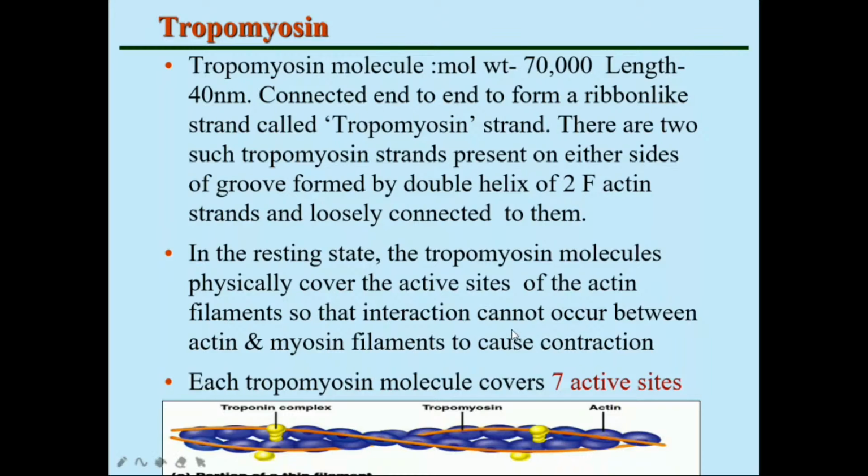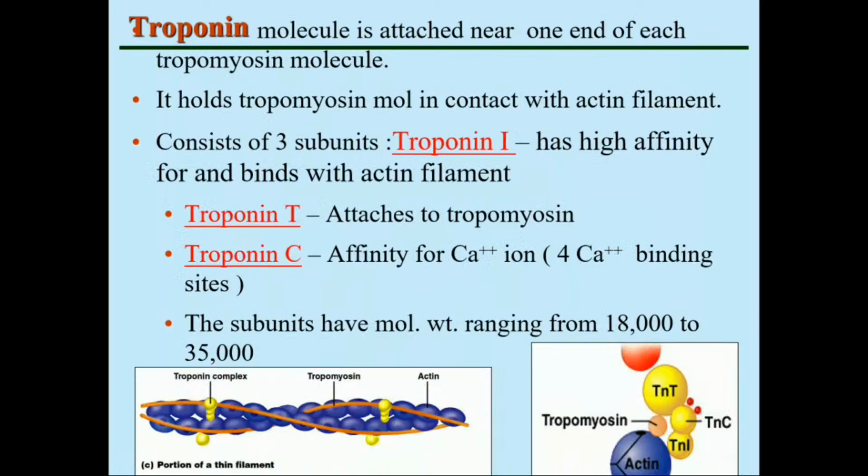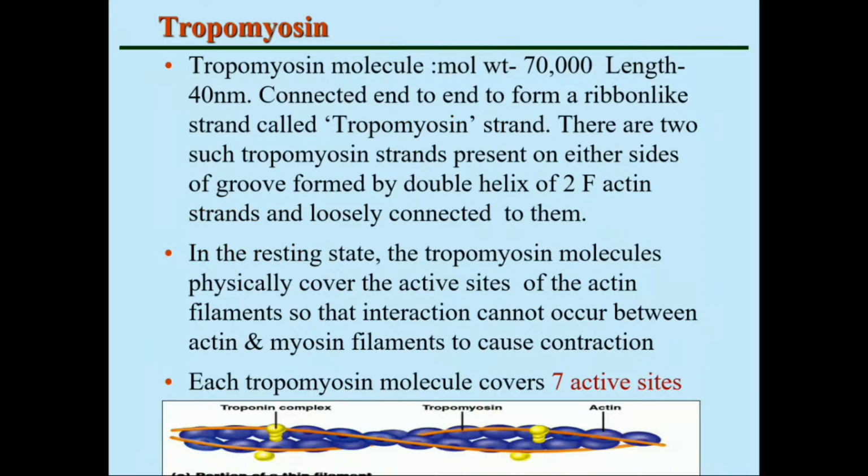So in the resting state, the tropomyosin molecules physically cover the active sites of the actin filaments so that the interaction cannot occur between actin and myosin filaments to cause any contraction. Each tropomyosin molecule covers 7 active sites.